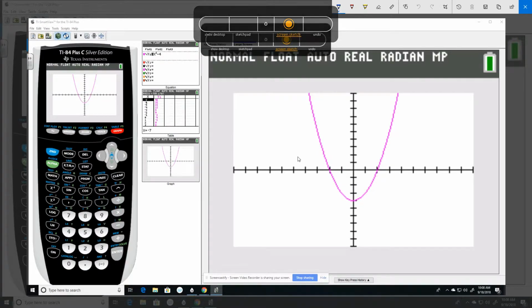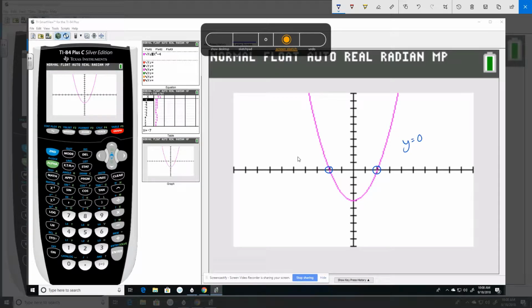I look for these spots right here, my x-intercepts, because that is where y is equal to 0. So it's equal to 0 at these 2 points, and one of them is negative 2, 0. So when x is negative 2, y is equal to 0. My other point is 2, 0. It's positive 2. So x equals 2 when y equals 0. And those are the two solutions that I'm interested in.